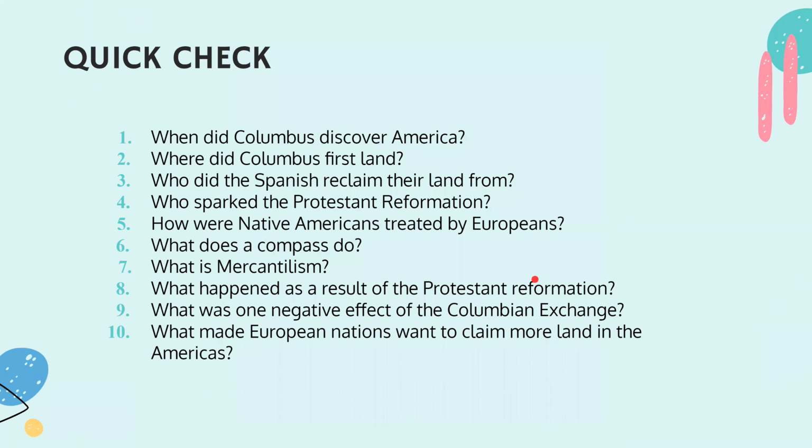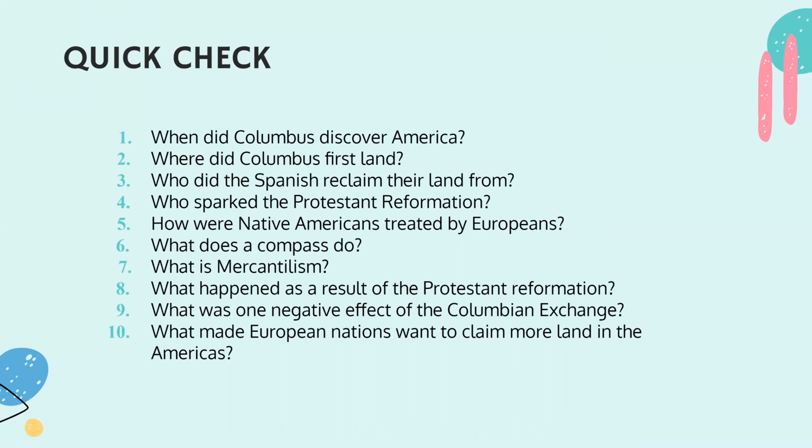So now we're going to go over a quick check. 1. When did Columbus first discover America? 1492. 2. Where did Columbus first land? He first landed in the Caribbean. 3. Who did the Spanish reclaim their land from? This is in the Spanish Reconquista.